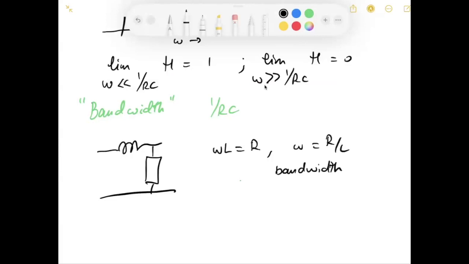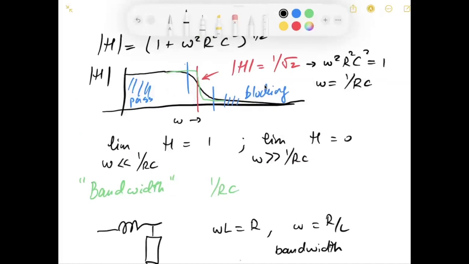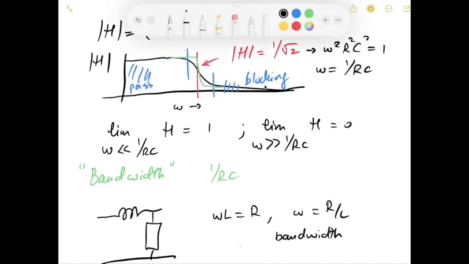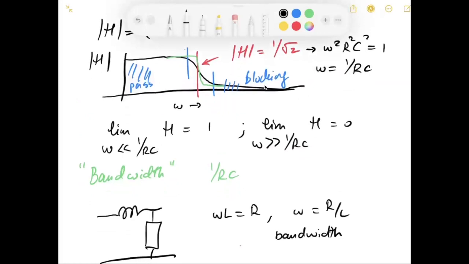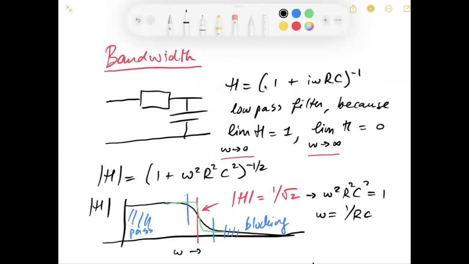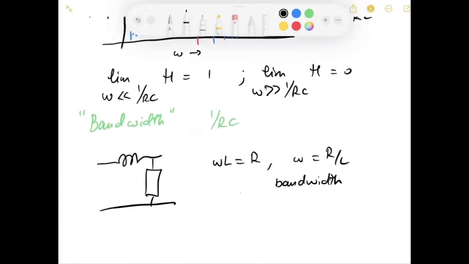This is another one of these filters that has a transfer function that looks just like the one we drew before, except we swapped our capacitor for an inductor and we took the transpose of the circuit, right? Because the resistor was in that horizontal branch first, and now the resistor is on the output port of the circuit. So this is bandwidth R/L.